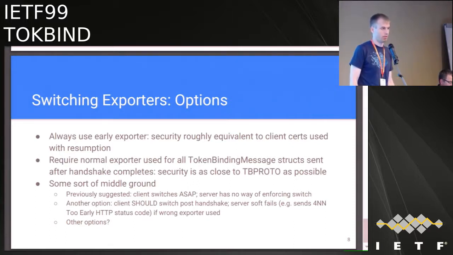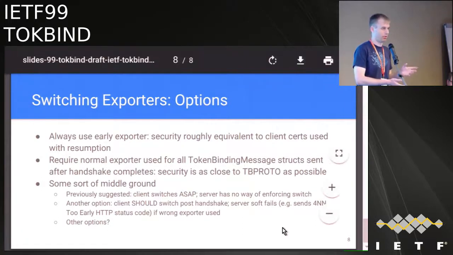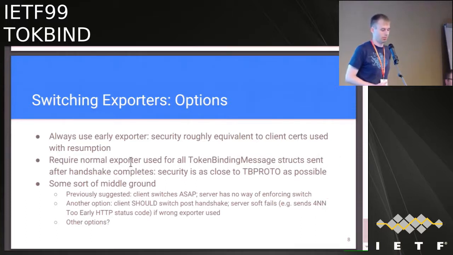One of the other options that have been discussed is to require that the full strength exporter be used for all token binding messages that are sent after the handshake is completed. It still has the early exporter in use for the first flight, but this pushes things as close as possible in the direction of the security in TLS Proto.